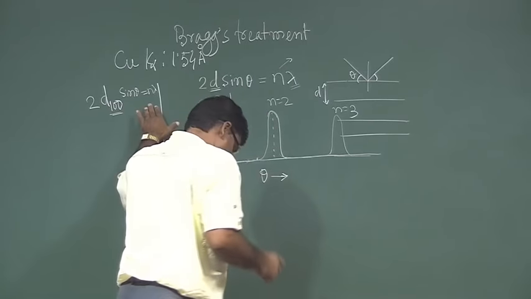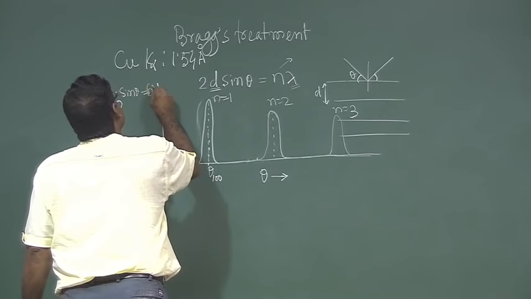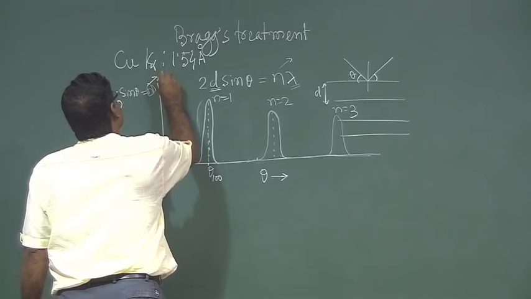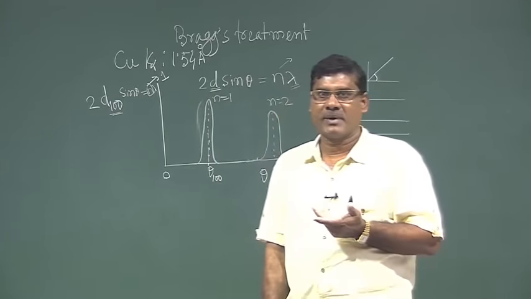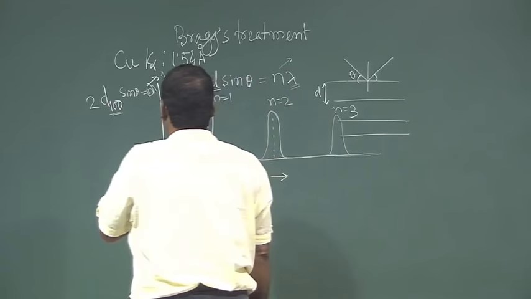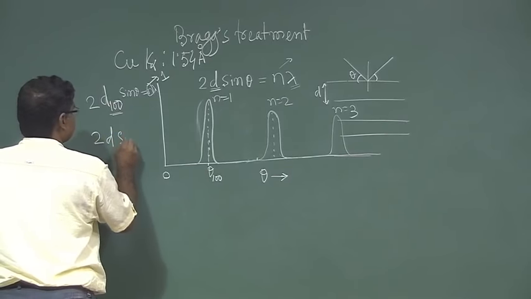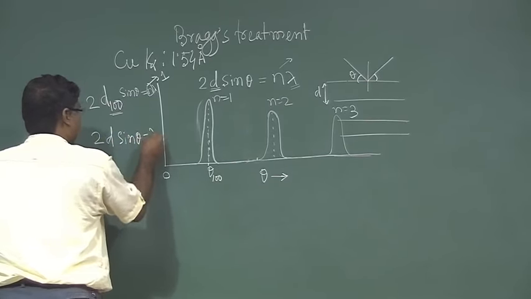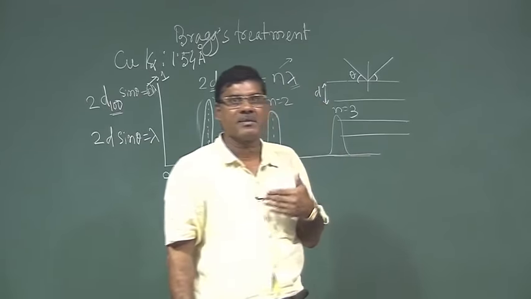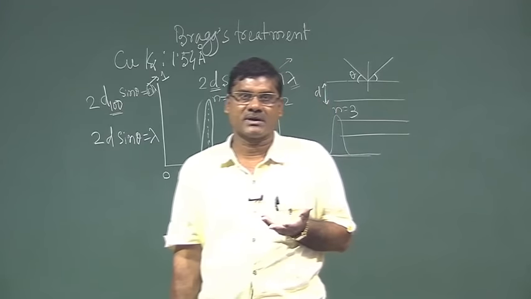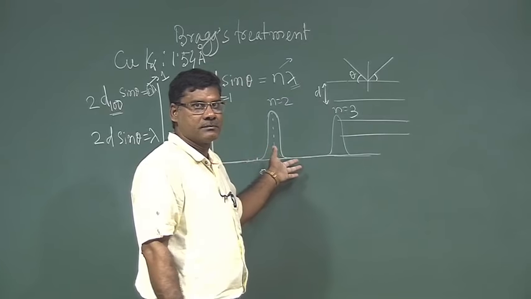Now, if we consider only the first order peak, we put n equal to 1 from the beginning: 2d sin theta equal to lambda. We consider only the first order peak, because the second and third order peaks do not give any additional information.